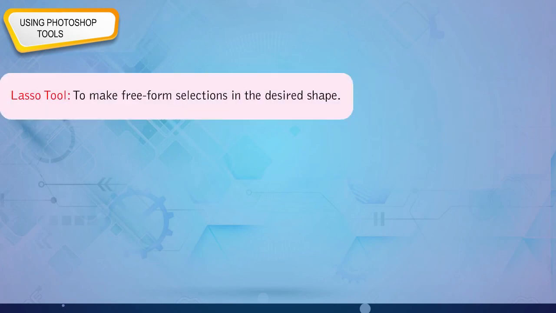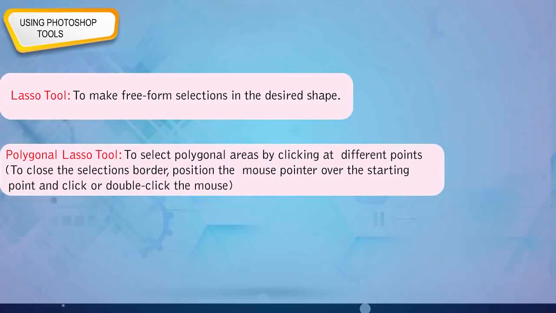Lasso tool to make free-form selections in the desired shape. Polygonal lasso tool to select polygonal areas by clicking at different points. To close the selection's border, position the mouse pointer over the starting point and click or double-click the mouse.